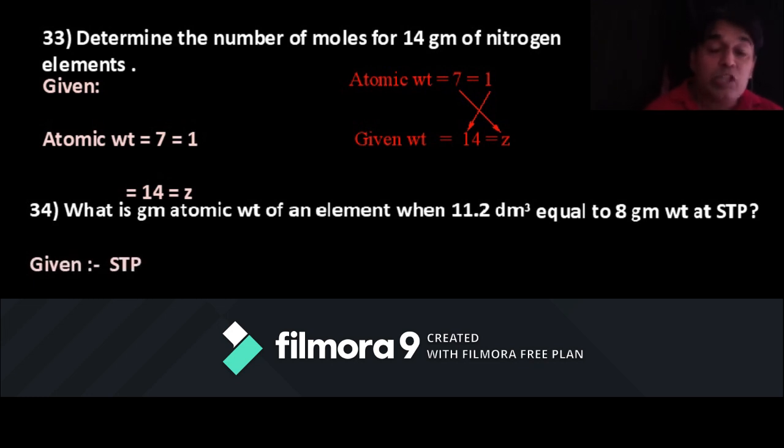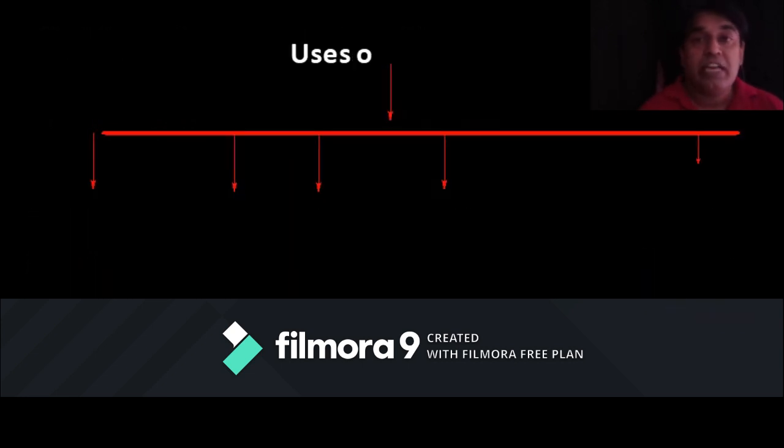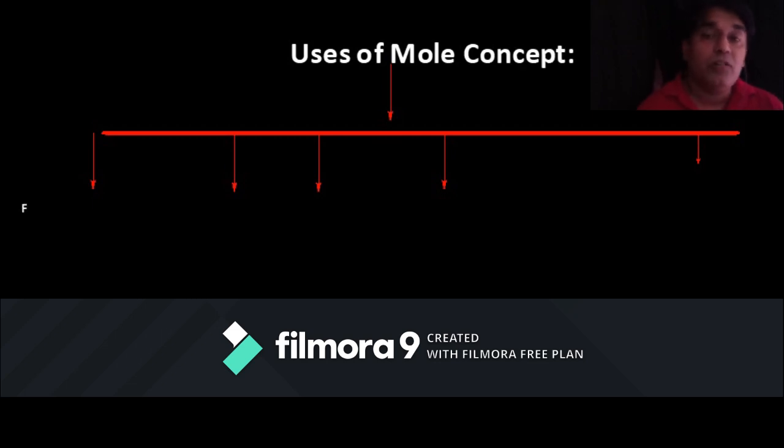The next point is the use of the mole concept. I have classified the use of the mole concept into 5 categories: for compounds, for elements and reactions, for solutions, and for other terms. The first is the mole concept for compounds. This terminology was already discussed in video number 1.